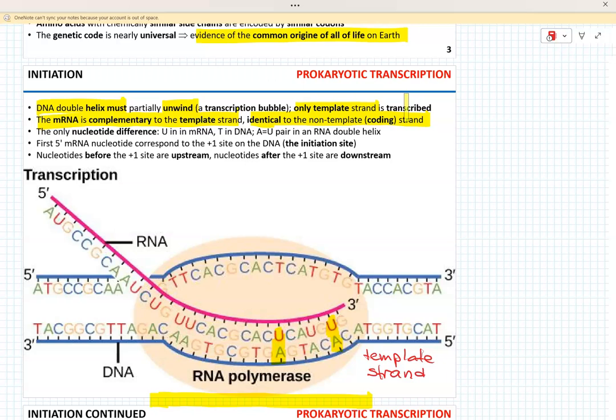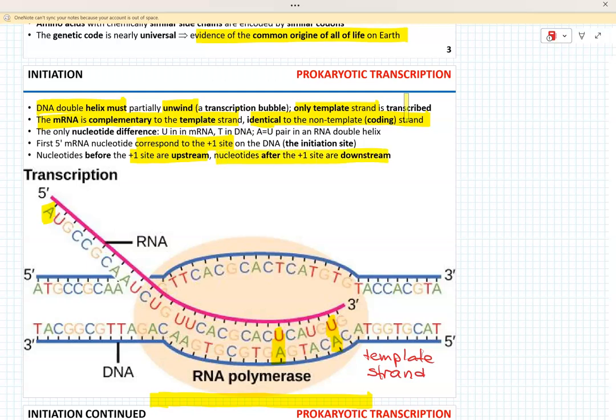Now, the first nucleotide at the 5' end of the synthesized mRNA molecule corresponds to the number 1 nucleotide on the DNA, the so-called initiation site. When nucleotides in mRNA or DNA are located before the initiation site, closer to the 5' end, they are said to be located upstream.